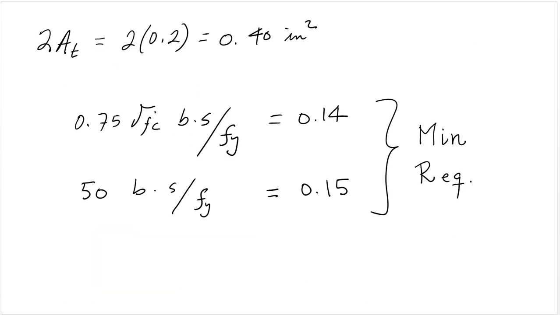For the minimum reinforcement, just to make sure that we're covered in that regard, we check the ACI's formulas, which says that 2 times At plus Av has to satisfy these minimum requirements shown below. Since we don't have any need for transverse reinforcement due to shear, we are just going to add 2 At.